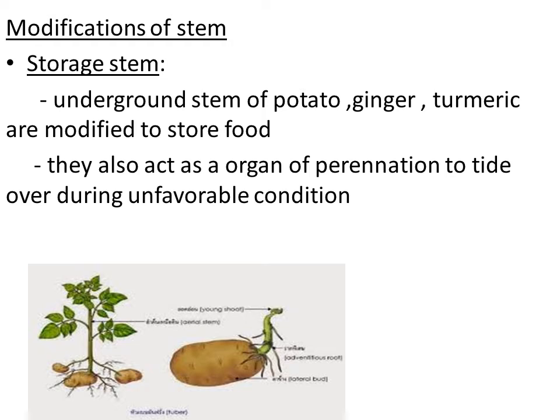When the environment is not suitable for their growth, these parts can be used as an organ of perennation. In order to raise a new plant in the next growing season, we can utilize this storage part of the plant, right? So this is about the storage stem.